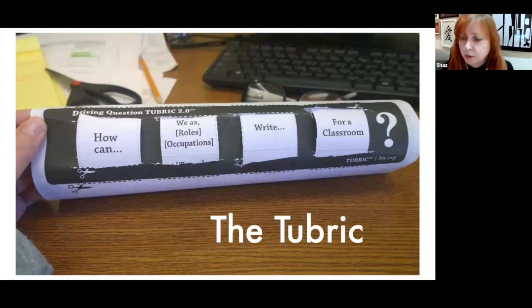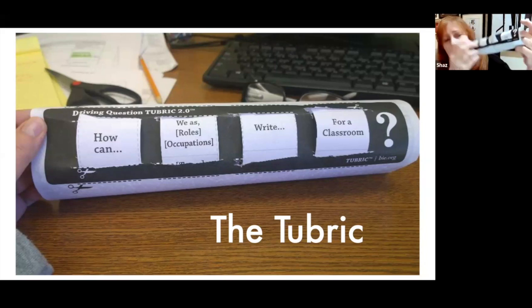So this is the two brick. If you go on YouTube or search anywhere on Google, you can see this is a two brick here, right? It's just a piece of paper, two pieces of paper, and it's a roll, okay? So it helps you create your own driving question. So you can just turn these around, so you can see how can we, and then it's got examples, make or build or write a real world problem.